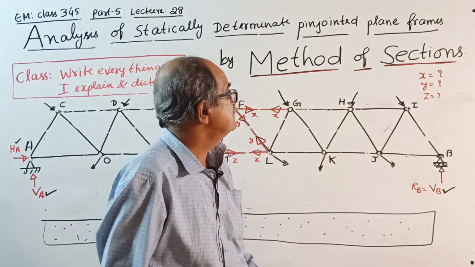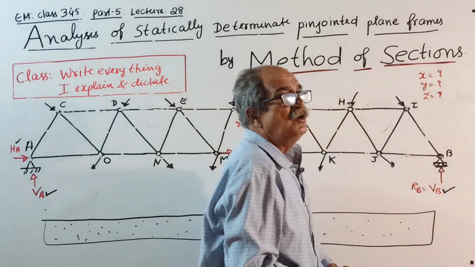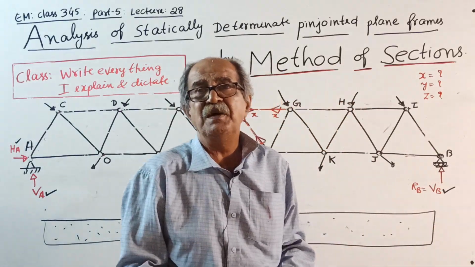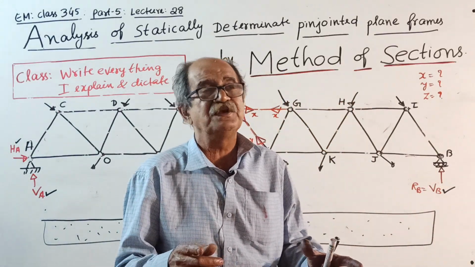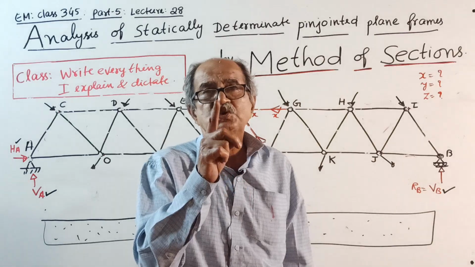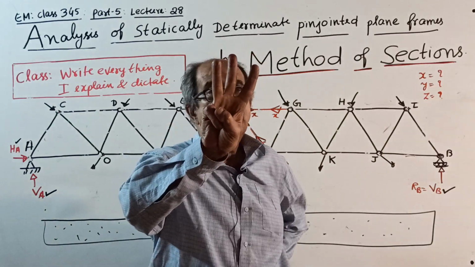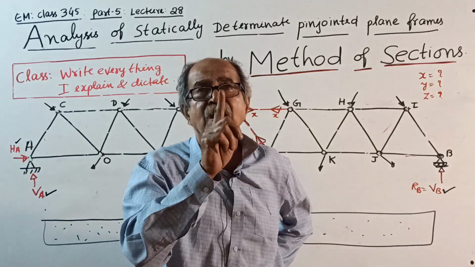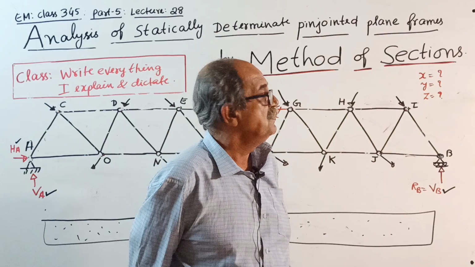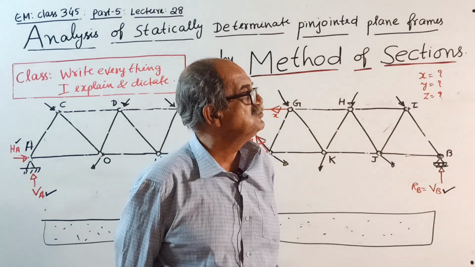In method of sections, at a time, the number of unknown forces, the member forces, the axial forces, should not be more than 3 under normal cases. But someone will tell, sir, if 4 also I can solve.